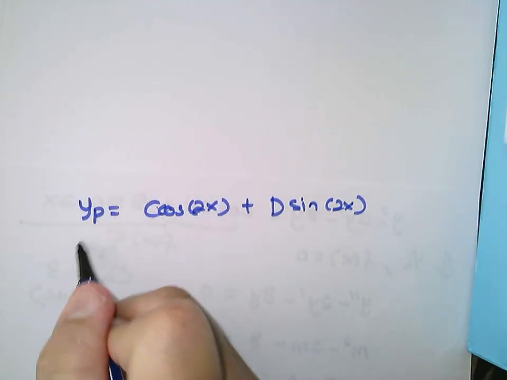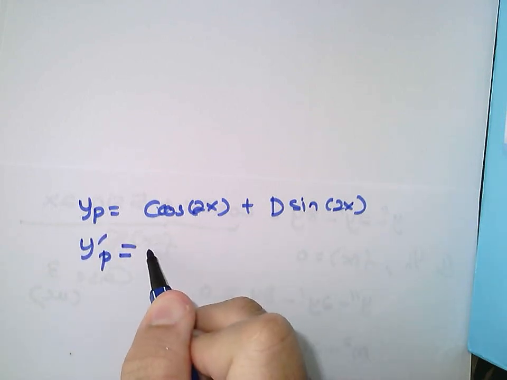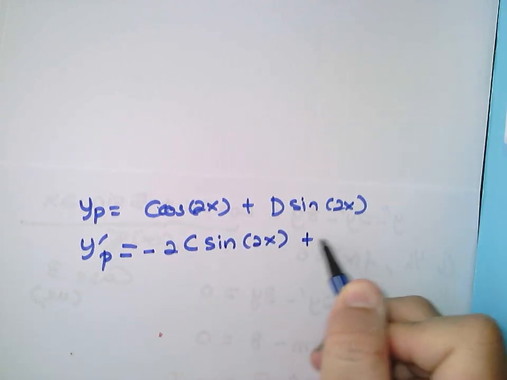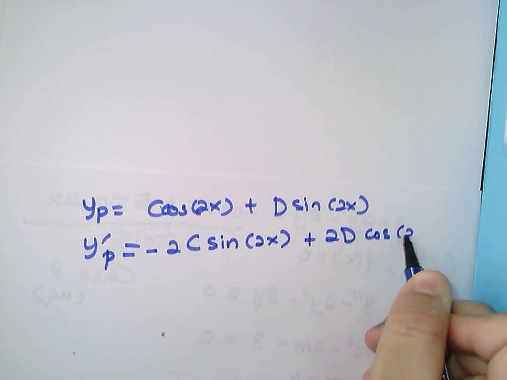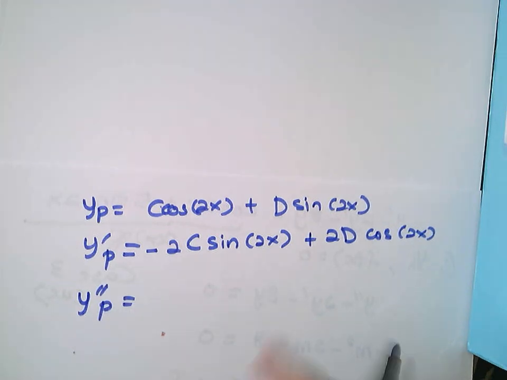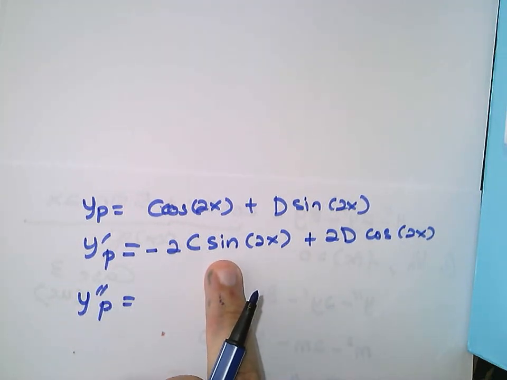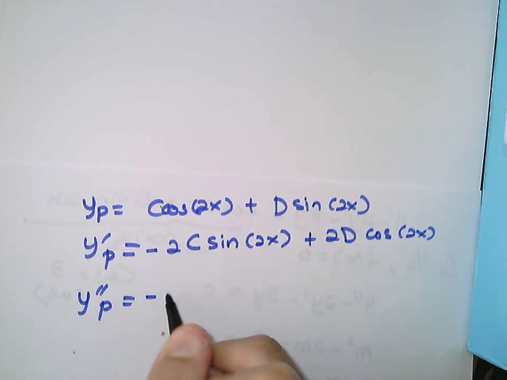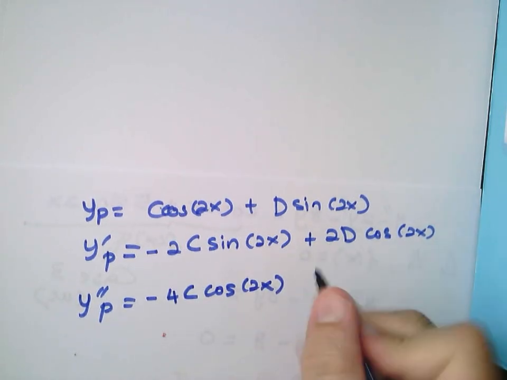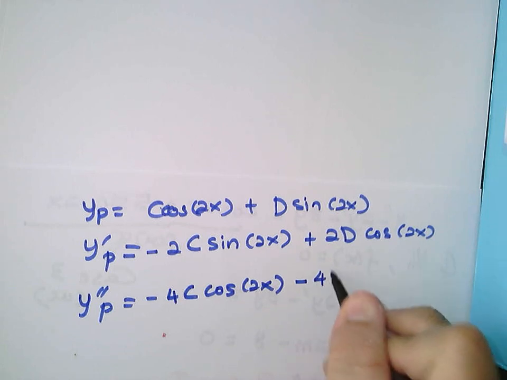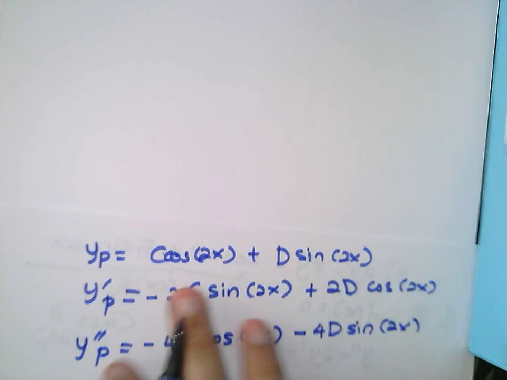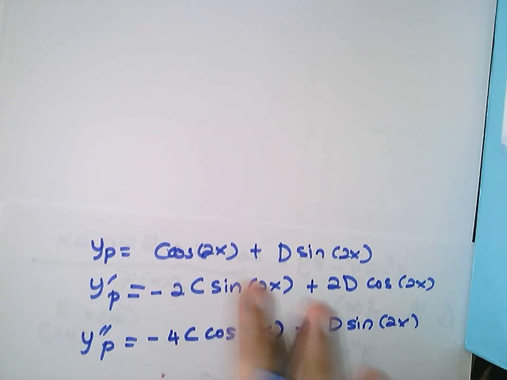So differentiate the first one, y prime will give you negative 2c sine 2x plus 2d cos 2x, and y double prime is equals to, differentiate sine will give you cos, so you will have negative 4c cos 2x. Differentiate cos will give you negative sine, so you will have negative 4d sine 2x.